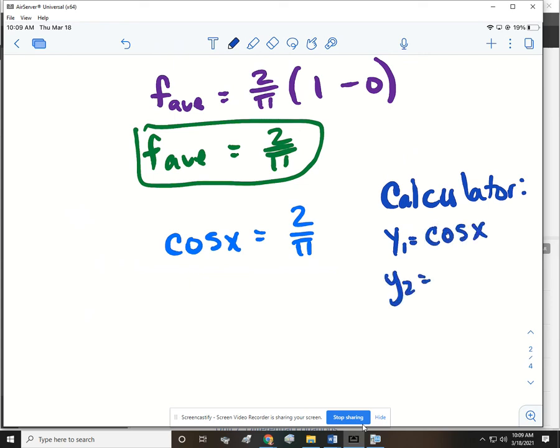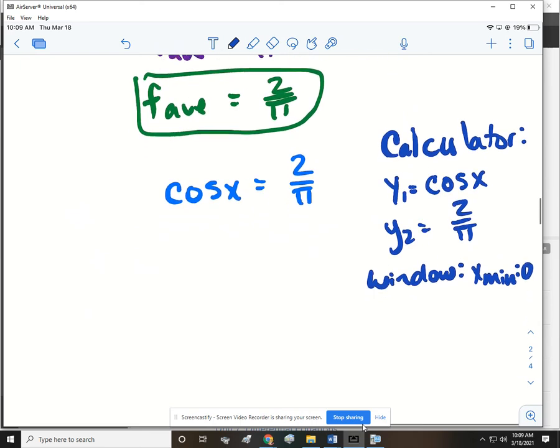For y2, we're going to put in 2 over pi. And then we're going to look at the window from 0 to pi over 2 on the x. So x min is 0, and then x max is pi over 2.